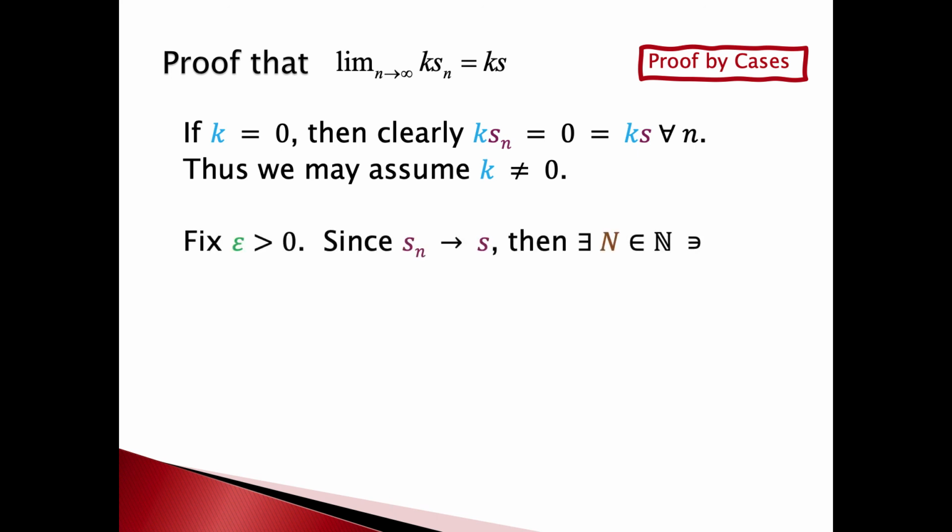So I need to fix some epsilon, which is greater than 0, and somehow manufacture myself a capital N. Well, I know that the sequence Sn was converging to S. That was what we were assuming in this theorem. So using the fact that Sn is converging to S, there has to be a capital N, and that capital N will make the distance between Sn and S be less than, well, whatever I want to put here.